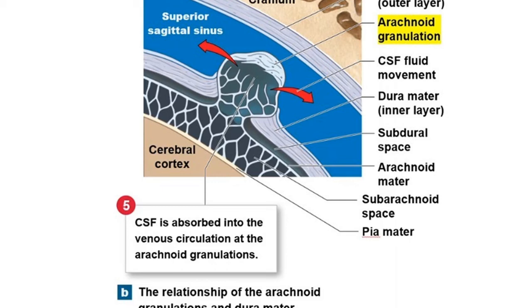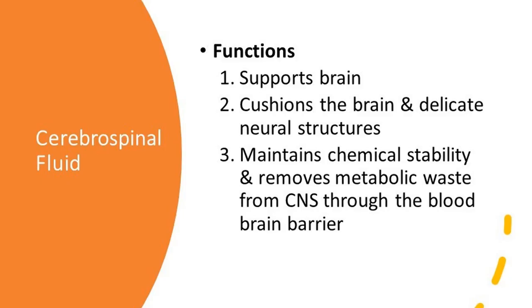In this diagram, you can see the arachnoid granulations, which are finger-like projections along the arachnoid mater. In this particular diagram, you can see the superior sagittal sinus. So all the CSF will go to the superior sagittal sinus, and from there it will be sent back to venous circulation.